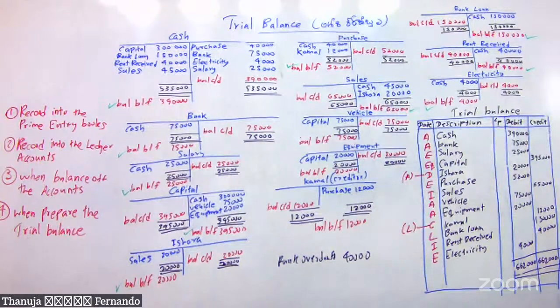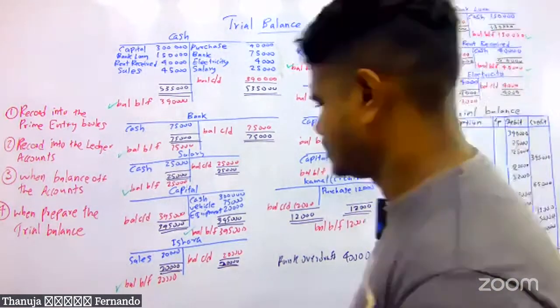This is the tute for trial balance. And this is the tute for correction of errors of accounting. All of you received the tute, I hope.